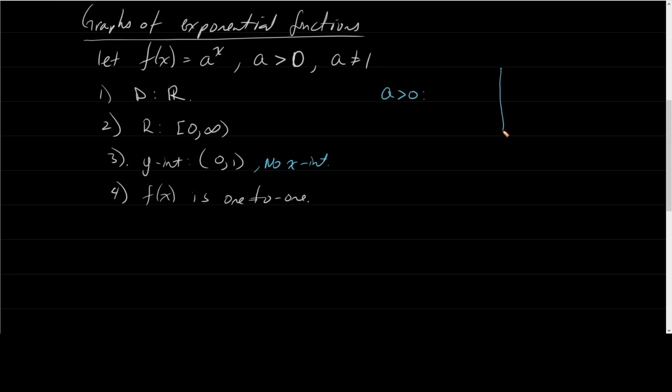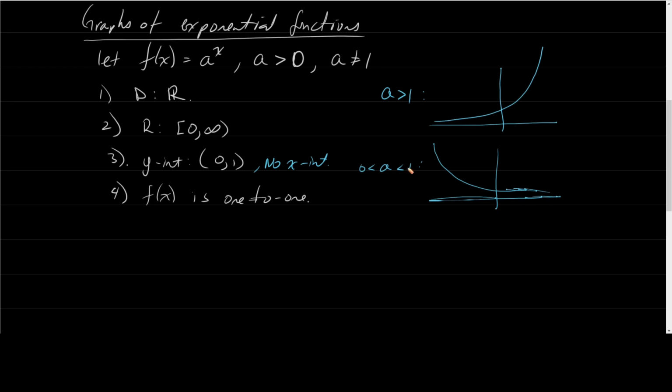If a is greater than 1, the function looks like this. If a is between 0 and 1, then it looks like that. So that's in general what that looks like.